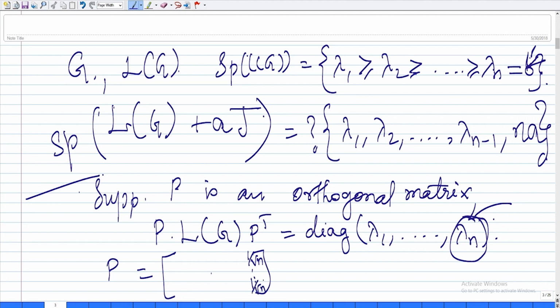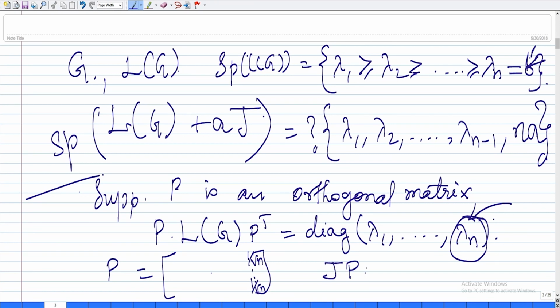We know the last eigenvector corresponding to 0 has all equal components, all x1, x2, xn in that vector equal. Let me choose a particular choice so that it is easy to make this computation. Let that choice be 1 over root n, because any constant multiple of 1 is also an eigenvector. So, the vector with all entries 1 over root n is also going to be an eigenvector for 0, right.